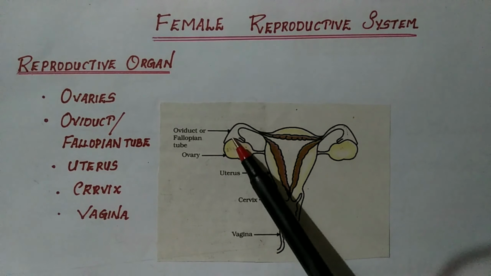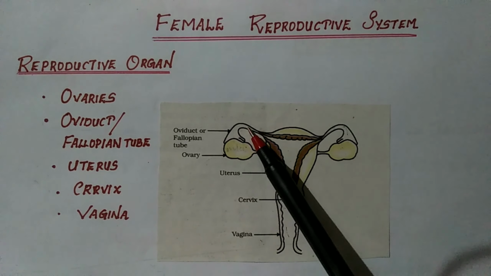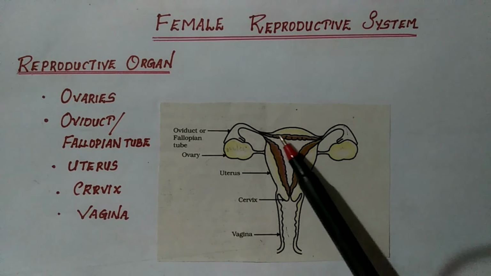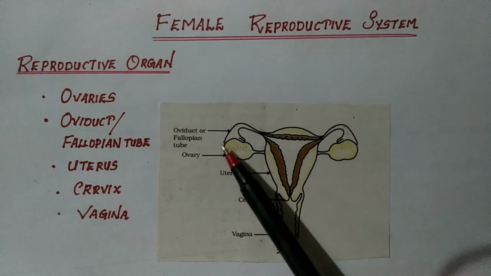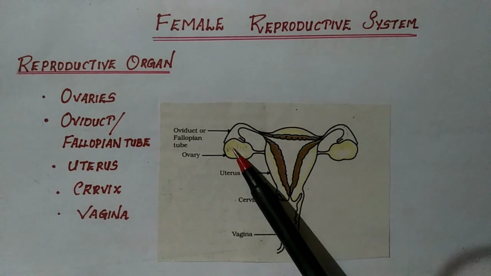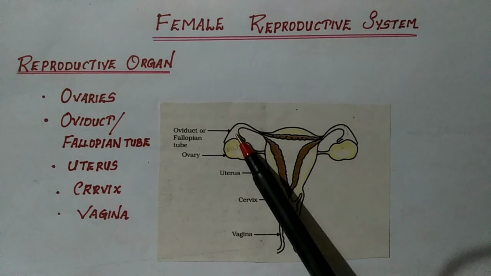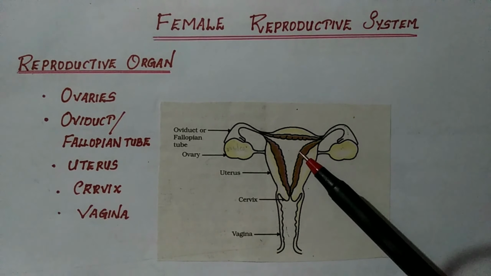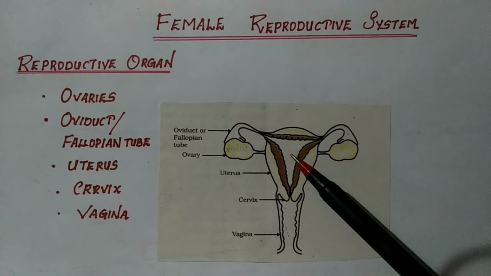This is called the fallopian tube, and it will move to the uterus. If fertilization takes place, the fertilized egg will move to the uterus. So that is regarding the oviduct or fallopian tube. We can say the site of fertilization is the fallopian tube or oviduct. The fertilized egg will be moving towards the uterus.